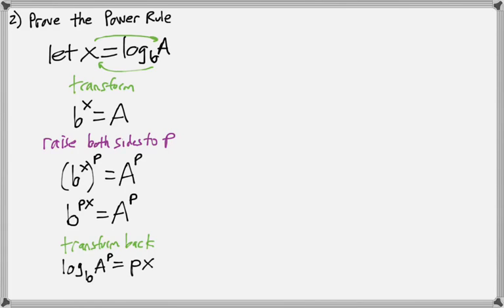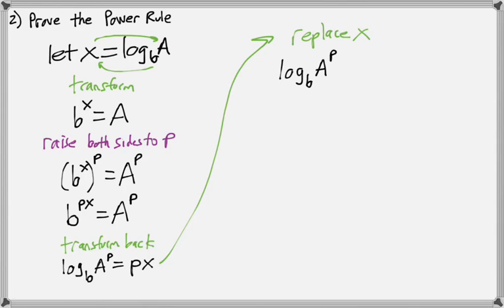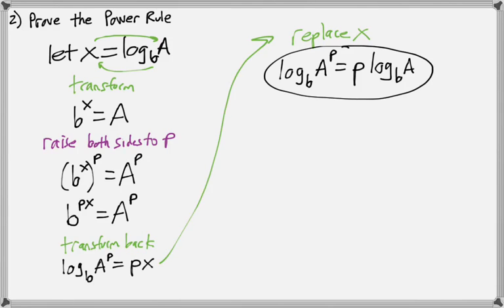My last step, I want to replace the x. So it's going to be log base b of a to the p is equal to p times log base b of a. And if you look at this, this is our power rule. So we're done.